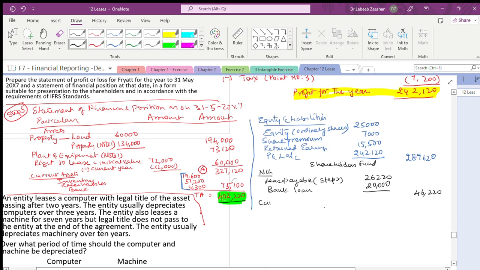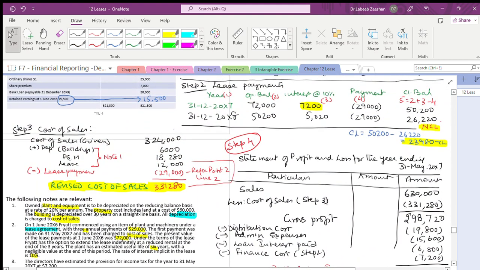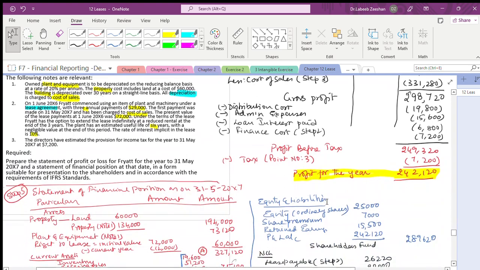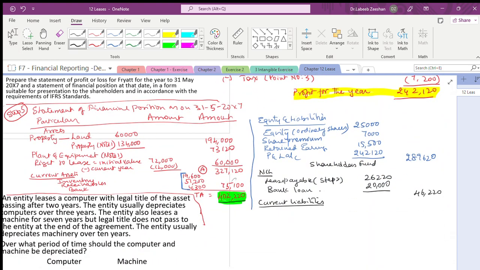Next, current liabilities. How much are the current liabilities? One by one. You have trade payables 35,200.